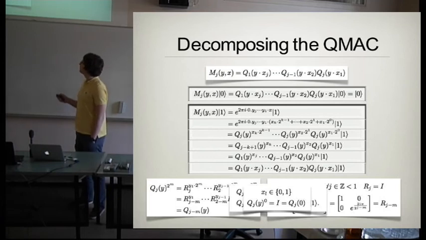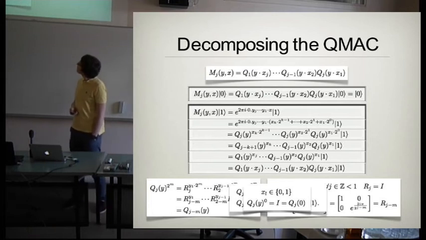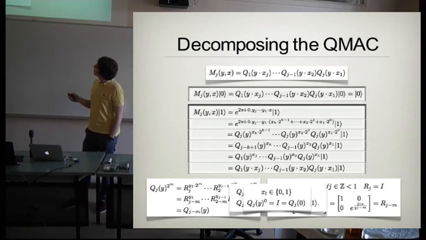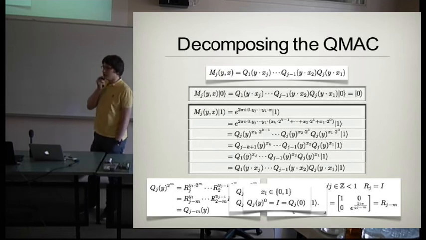This comes from the fact that this was true for the R operators, and this allows us to remove some of these gates such that we get this kind of sequence of Qj operators.